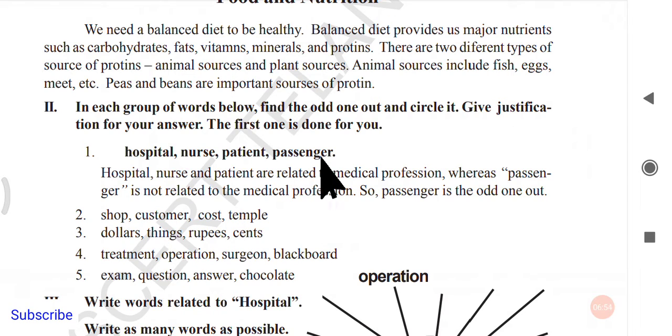Of course, passenger. Hospital, nurse, patient, everything is related to the medical profession or hospital, but passenger is not related to the medical profession. That's why passenger is the odd one out. You have to find out the different word from these four words.